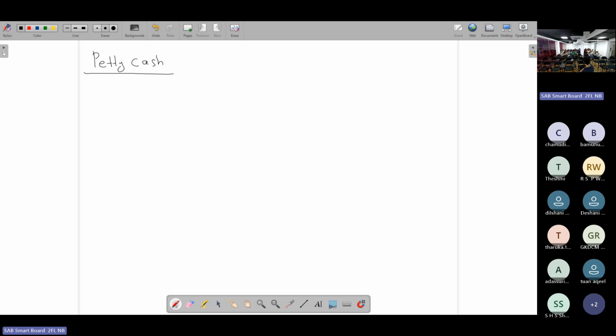Yeah, that's enough. So, small expenses. Examples: station expenses or small travelling bus fares. Very small expenses. Petty cash means a small amount of expenses.